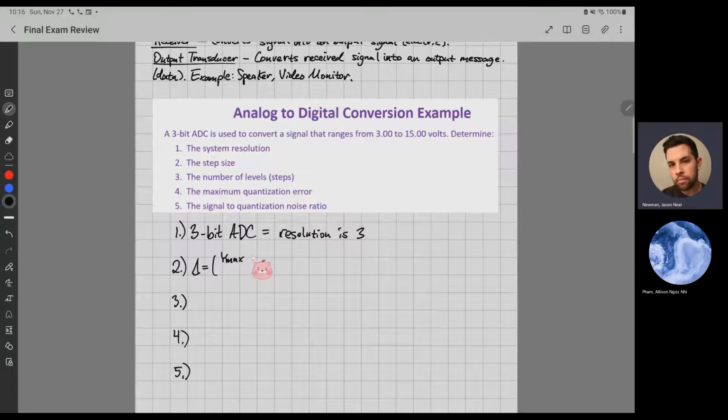It's y max minus y min over 2 to the b, where b is the number of bits, or the resolution, same thing.